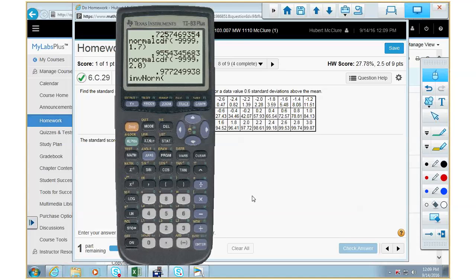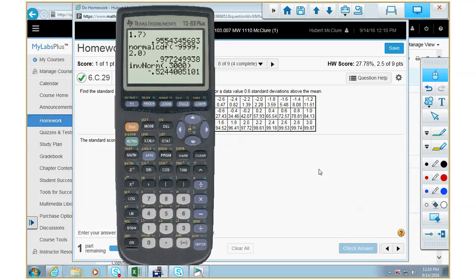What was the area on that first one? 40% or 30%? 0.3000. Notice that the calculator wants you to put in 0.3000. That's because in 99% of the books, it's written as 0.3000, except for this book.